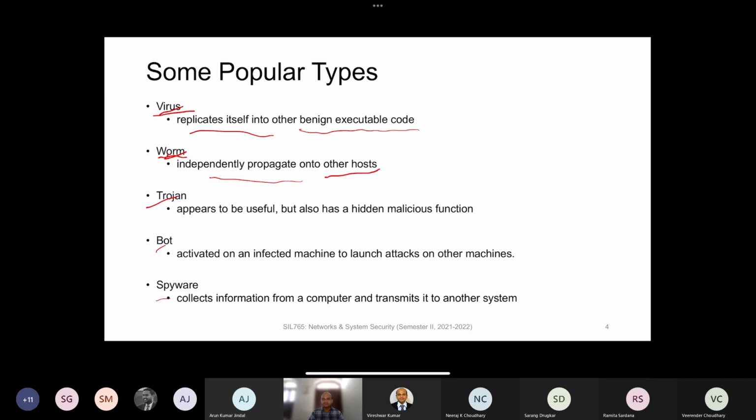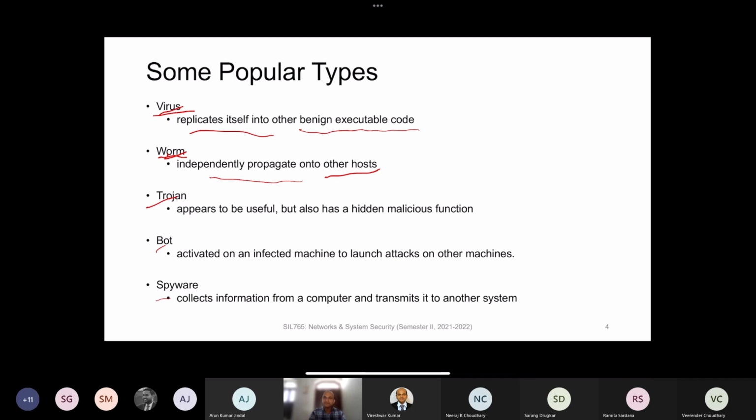Say some malware is in one of the computers, and that computer is connected to a network, let's say IIT Delhi's network. This worm now starts affecting other computers connected to our IIT Delhi network. This type of malware is called a worm because it is propagating through different hosts. So it is a network-based propagation.